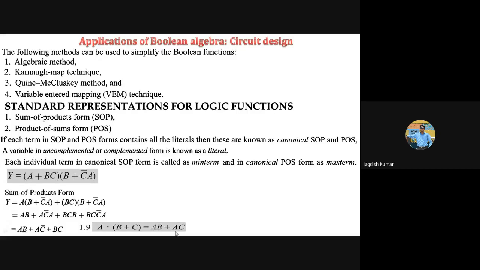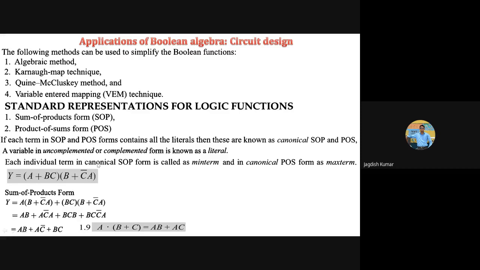Now, if you see this sum of product form, to arrive at this we have used theorem 1.9, and then further simplification. What you see on the right hand side, then there is a question of what is a min term and what is a max term.